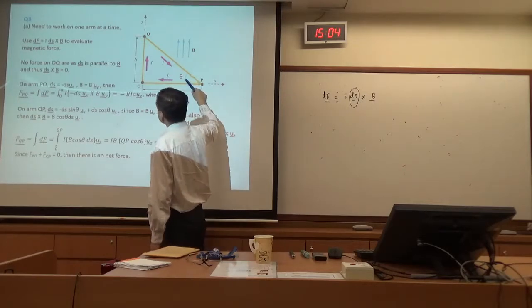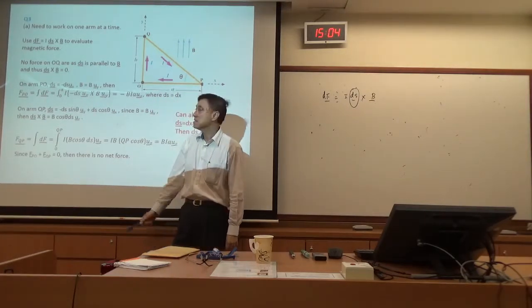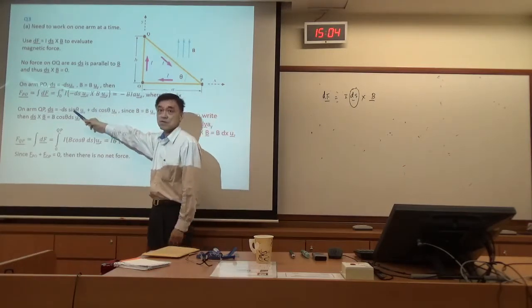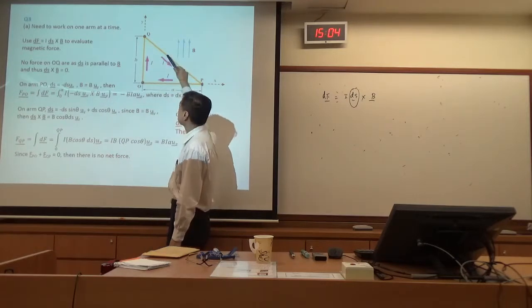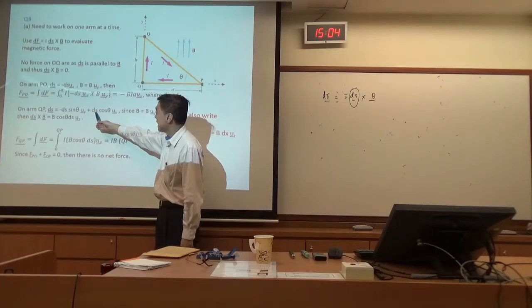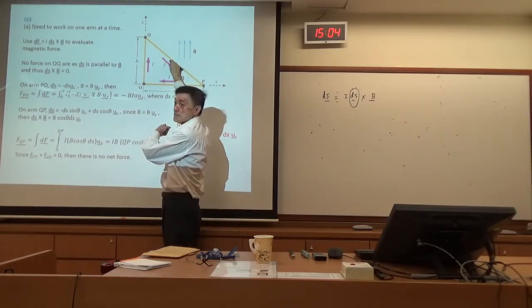So along QP, ds equal to, you resolve into 2 components, because it's going downwards. ds cosine theta. This is ds.